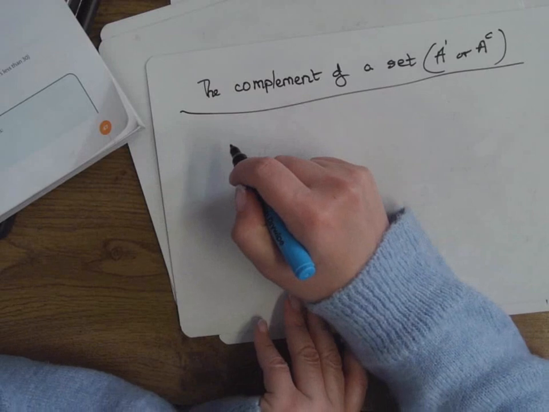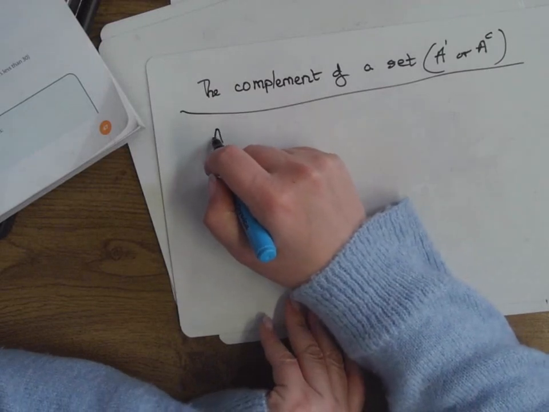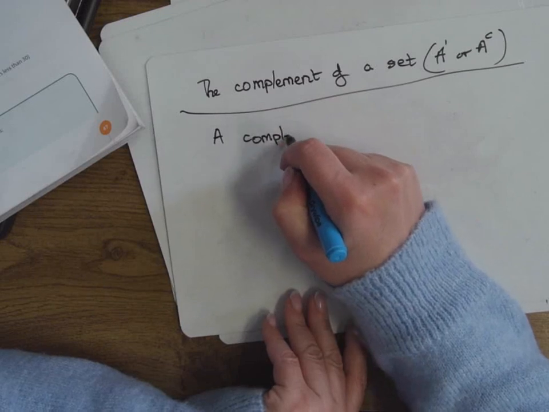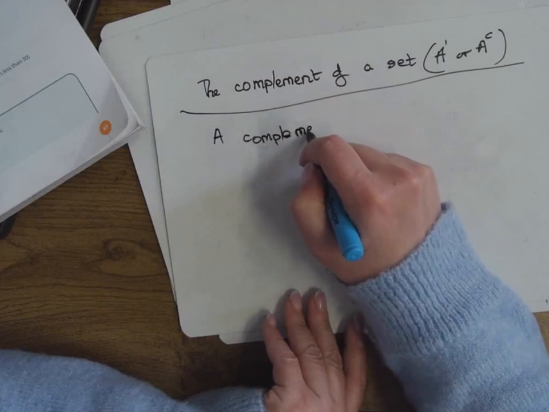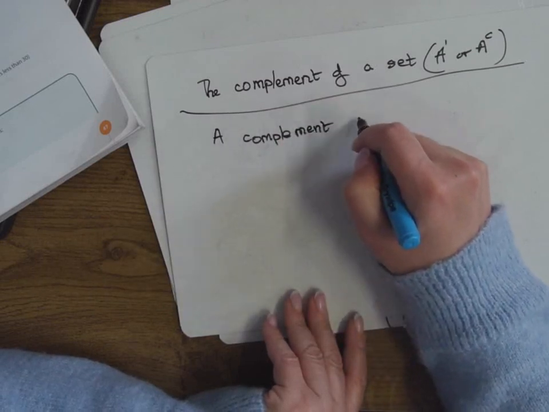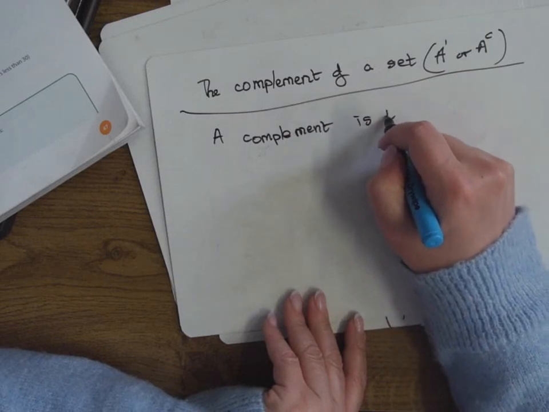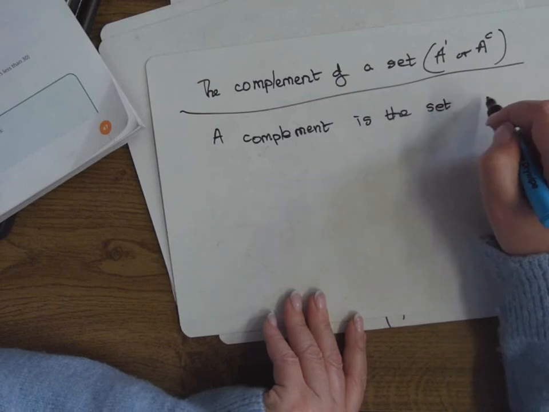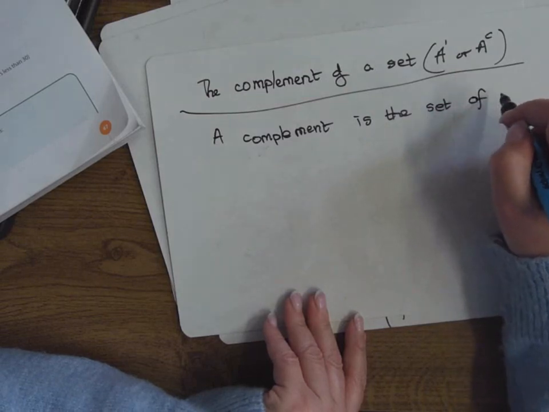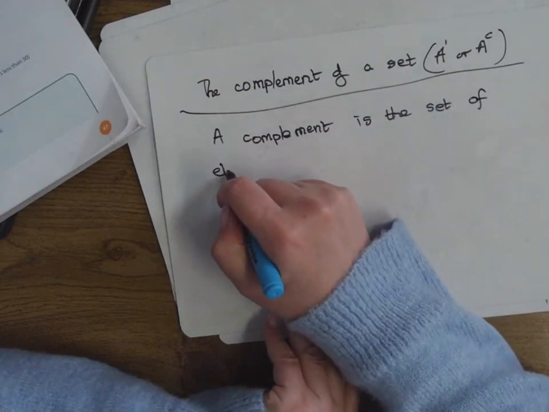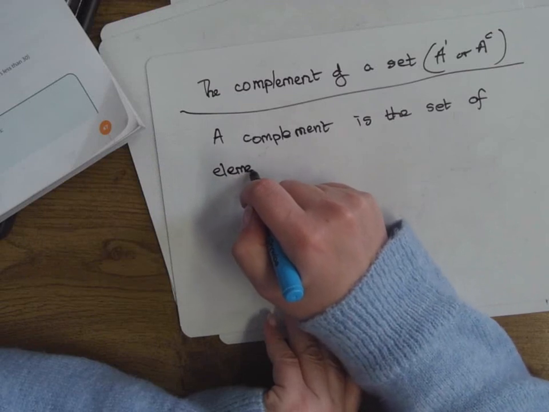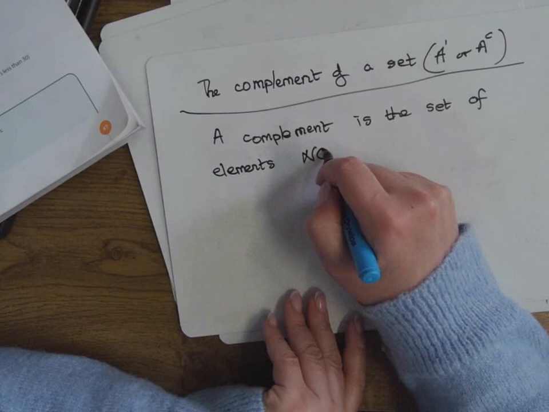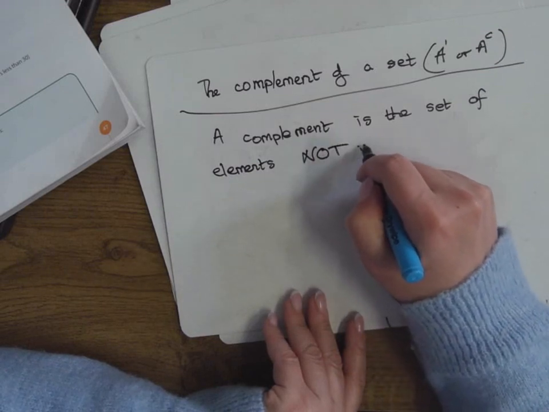So A complement is all the elements outside of A. A complement is the set of elements not in A.